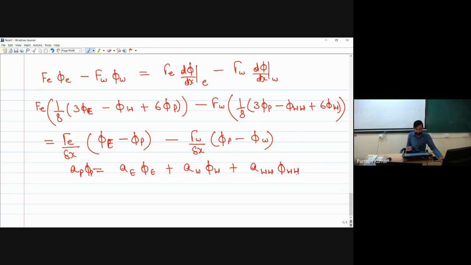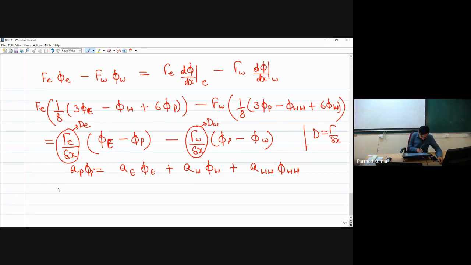Also consider that D is equal to gamma by delta x, so gamma E by delta x I can write as DE, and gamma W by delta x as DW. After these substitutions, can you tell me the values for the coefficients?